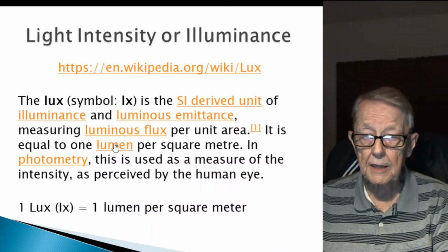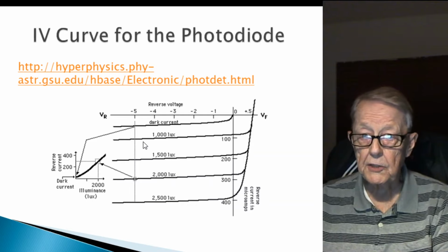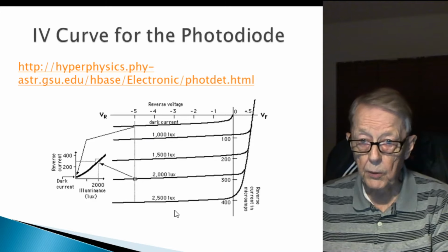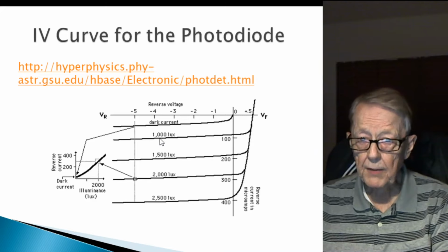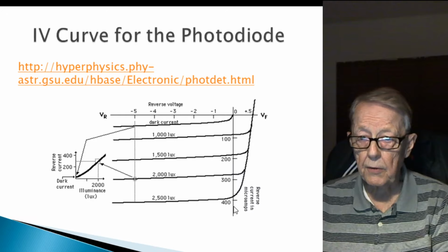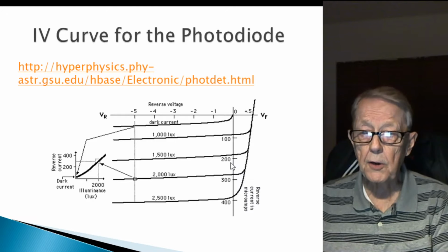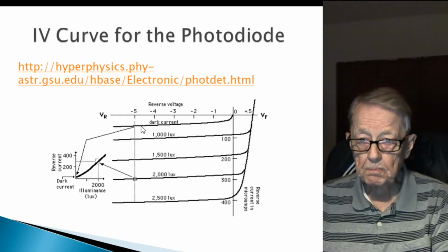So that's light intensity. And here's another IV curve, and in this case, you'll see the region of the IV curve where the photodiode works. You could have 1,000 lux. That's 1,000 lumens per square meter, and it has a current of approximately 100 microamps. Pretty small, 100, 200, 300, 400 microamps is not a lot of current, but it is there, and the voltages generally applied are from 0 to 5 volts.